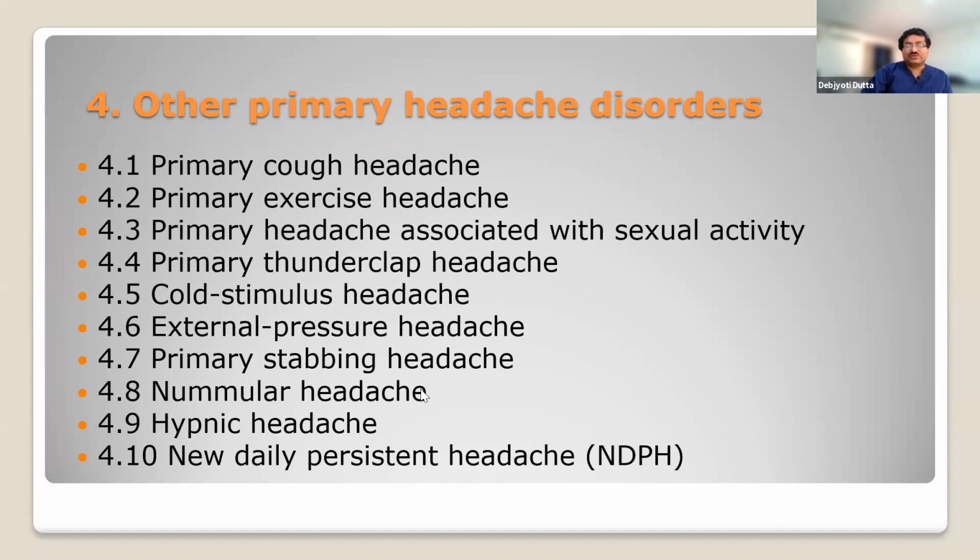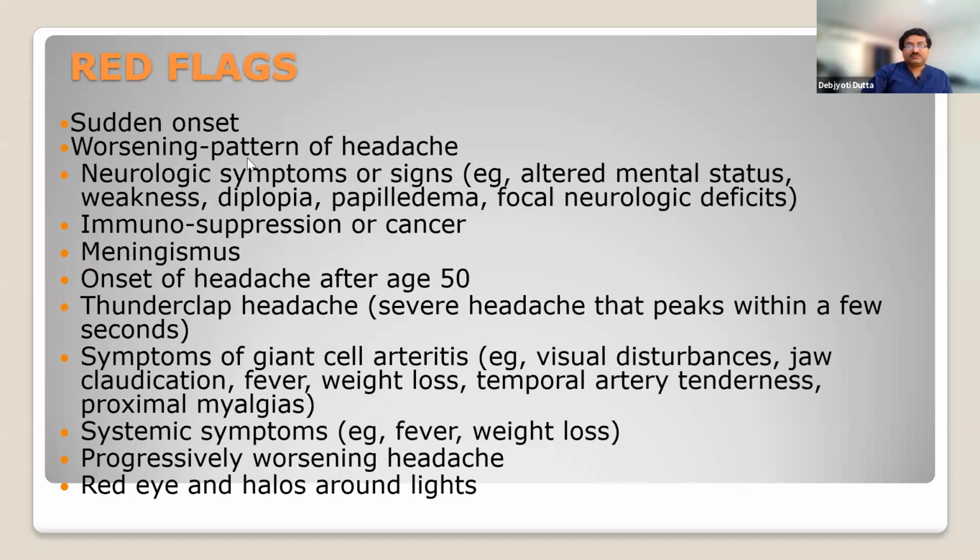In those cases, you should be thinking of these conditions as serious. You should not be making this diagnosis on the first go. And nummular headache, the term is actually localized neuralgia, where there is a coin-shaped area in the head that is painful. So these are the other types of headaches.